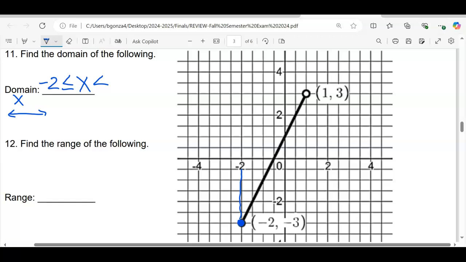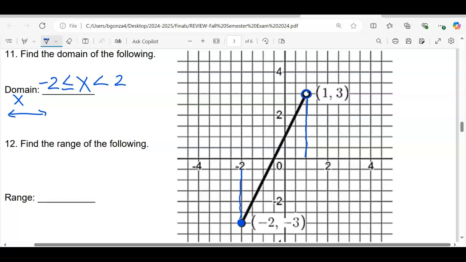And then over here, this x value right here is 2. So put 2 here. Since this one is open, that's not going to be underlined.